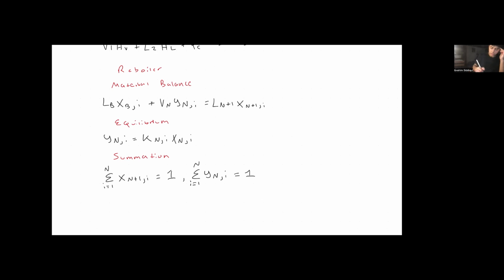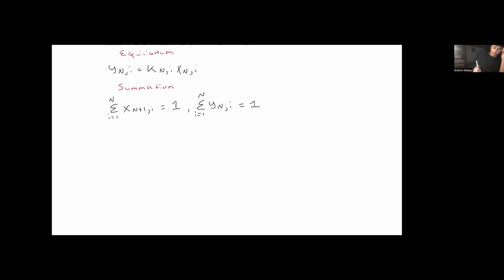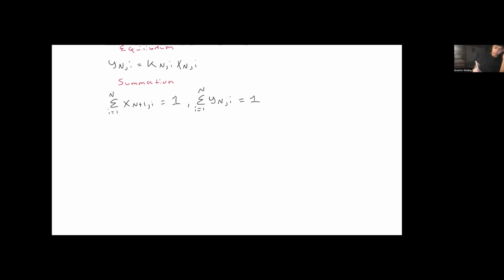Okay, so now looking at our heat balance. For our heat balance, again, we're involving our enthalpies and the heat either removed or added from a condenser or reboiler. Again, we're looking at our reboiler, so there'll be heat added to our reboiler.